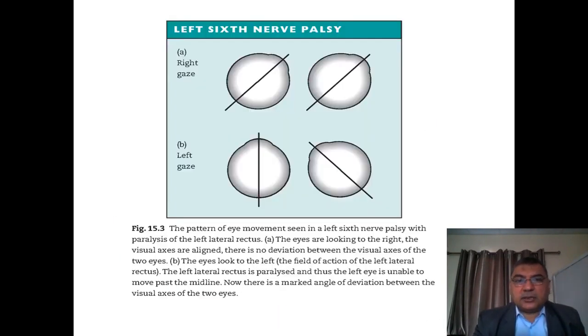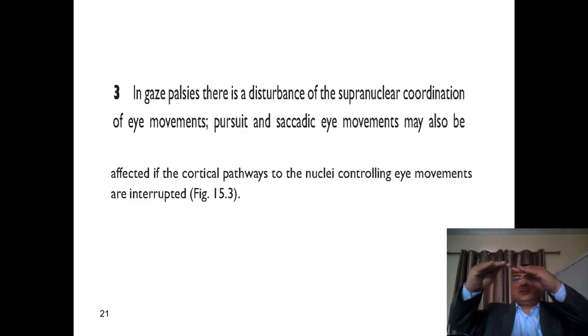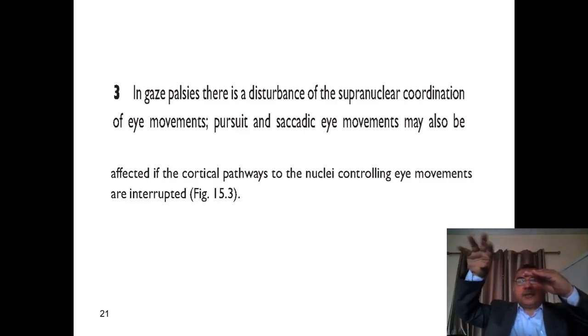And this is how it looks in this diagram. The third type of ocular motility disorders that we are going to discuss are ocular motility disorders related to lesions above the nerve, muscle, and the nucleus, which is supranuclear lesions in the control of gaze, the gaze pulses, right?